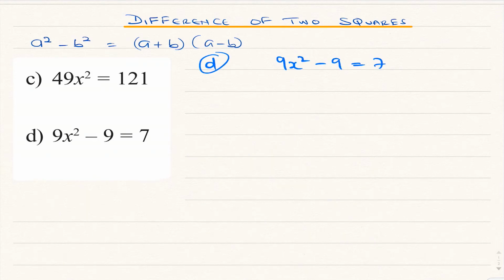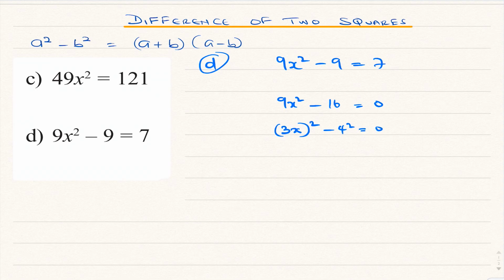For D, 9x squared minus 9 equals 7. Take away 7 from both sides. I get 9x squared minus 16 equal to 0. So that looks like difference of two squares now. So that will be 3x squared minus 4 squared equal to 0.